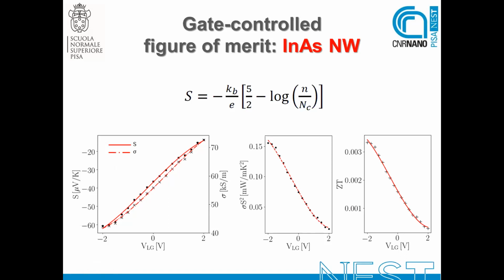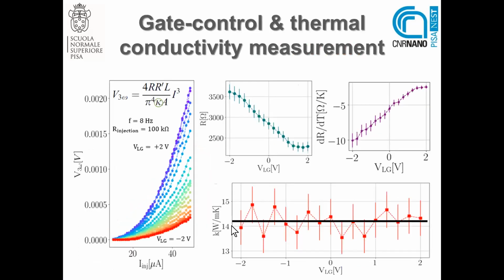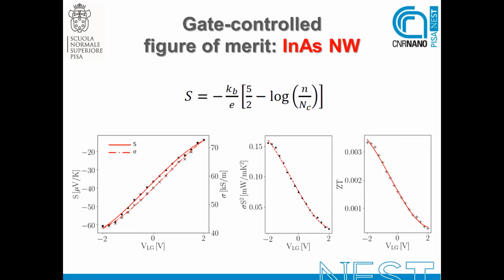So extracting the electrical conductivity from our electrical measurements, we got actually the Seebeck as a function of the liquid gate. But now, having the Seebeck measured as a function of the liquid gate and having measured previously the thermal conductivity for each individual liquid gate voltage applied to the nanowire, we could put together this information.